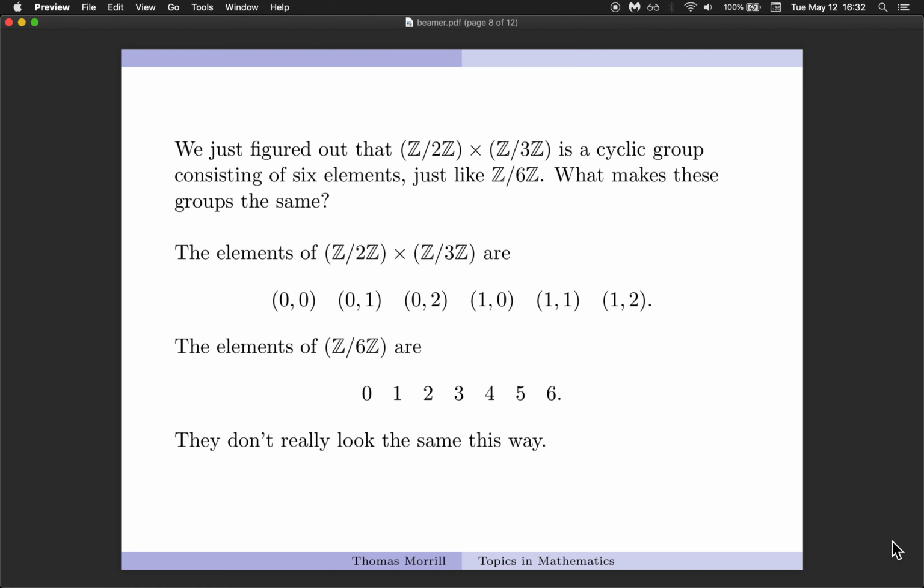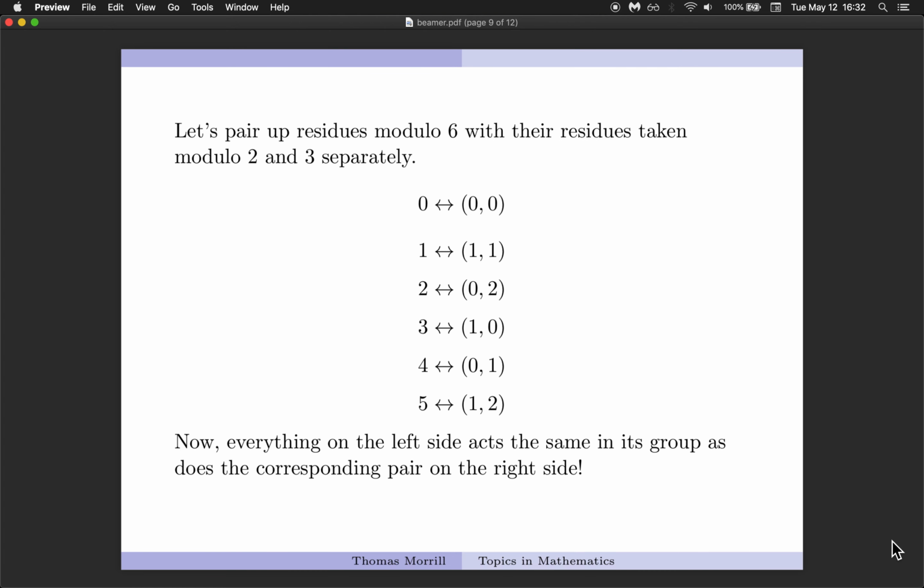So I'm going to line them up a bit differently. I'm going to take my residues mod 6 on the left-hand side, and I'm going to equate those on the right-hand side with the residue of this number mod 2 as my first coordinate, and the residue of that number mod 3 as the second coordinate.